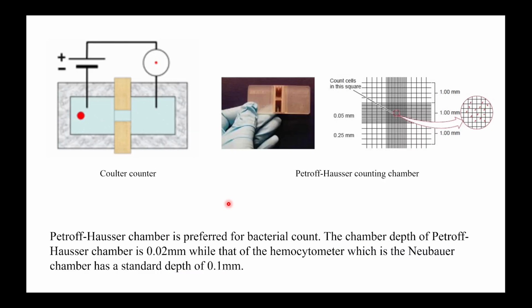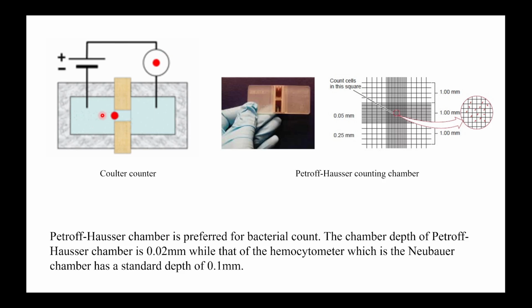So this is how a Coulter counter works. This is a diagrammatic representation of the Coulter counter. The cell suspension is passed through this flow cell, and one by one each cell will pass through this cavity.